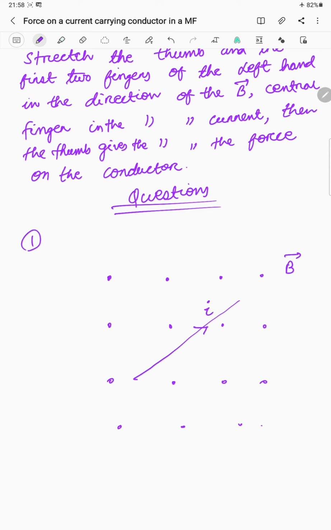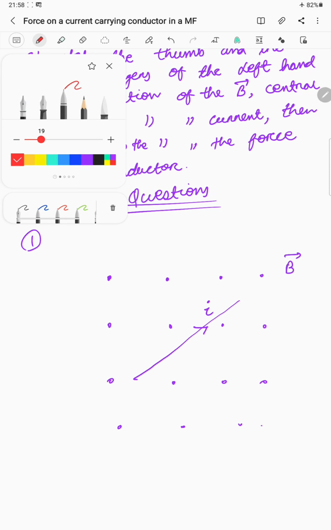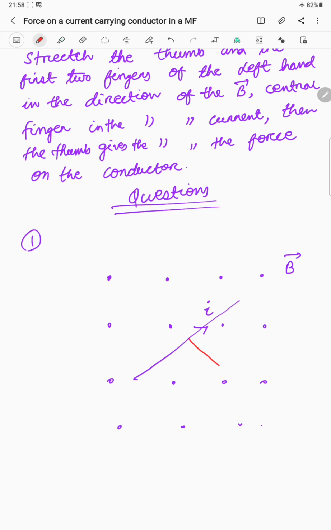I have told you current direction and the length of the conductor will be in the same direction. So you take your right hand, extend all your 4 fingers in the direction of the current, and curl all your 4 fingers in the direction of the magnetic field, and you can see the force will be in this direction. This is how you can calculate.